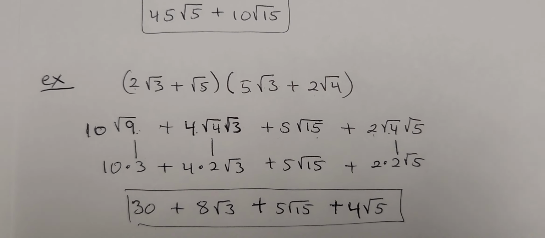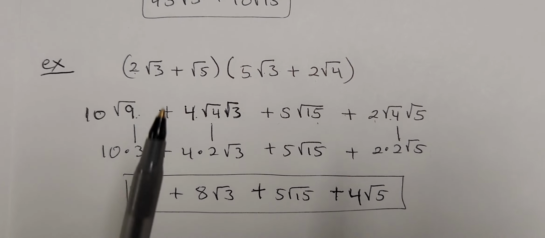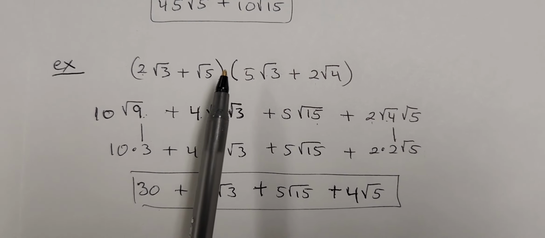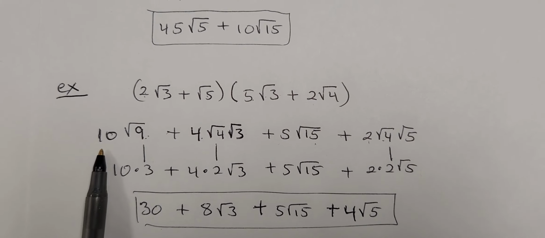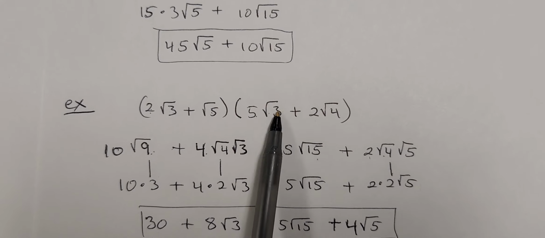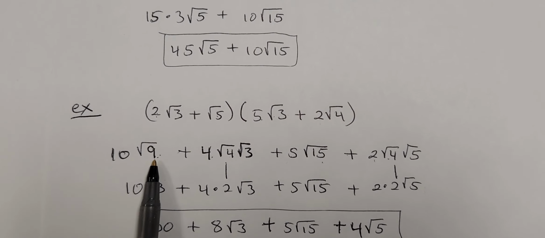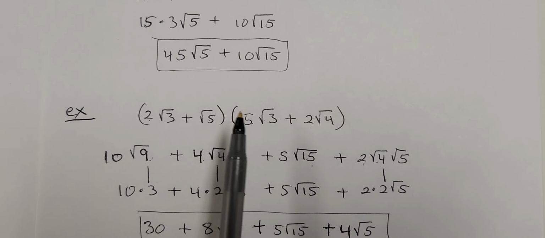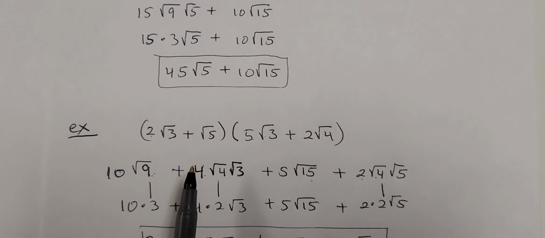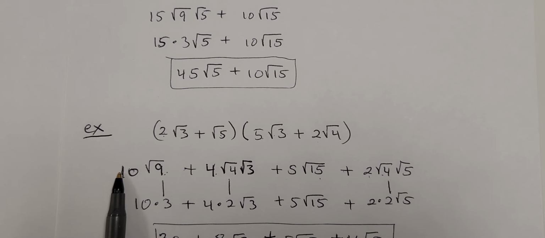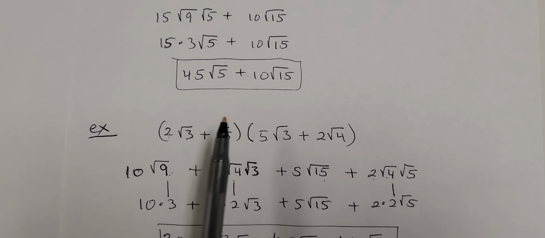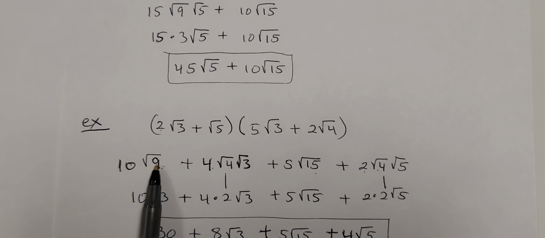Okay, so one more time, distributive property. 2 times 5 gives me this 10. 3 times 3, they give me this square root 9.